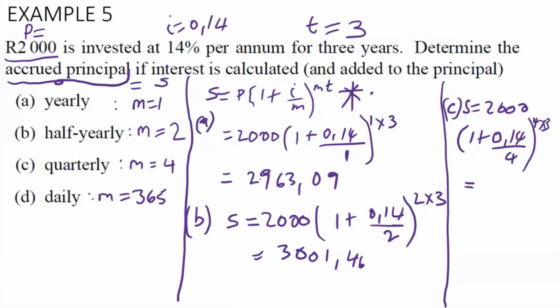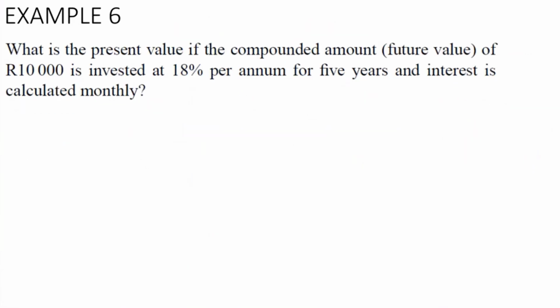In a similar vein for D, your S is equal to 2,000 into 1 plus 0,14 divided by 365, to the power 365 times 3 years. Then you'll get an answer. This example is just breaking things down into smaller components when you've got different compounding periods.